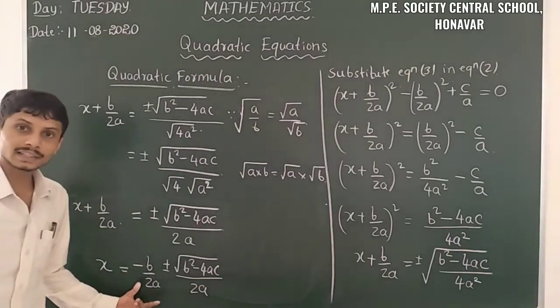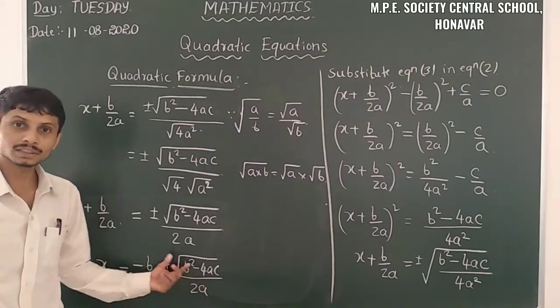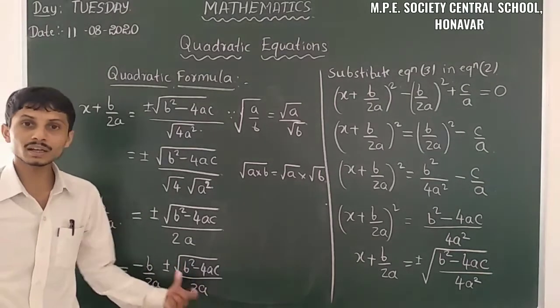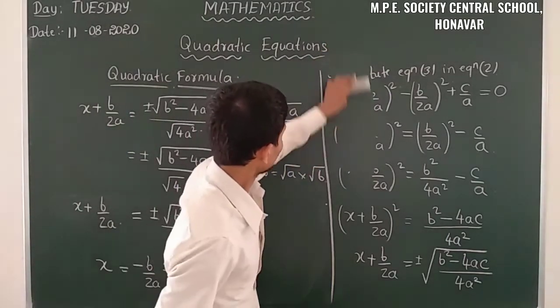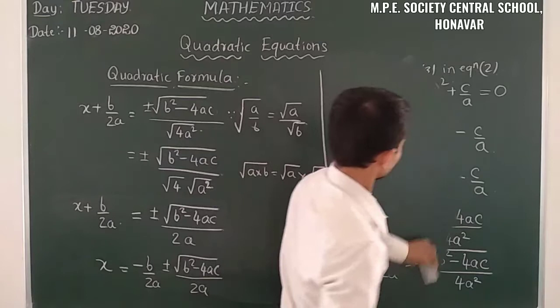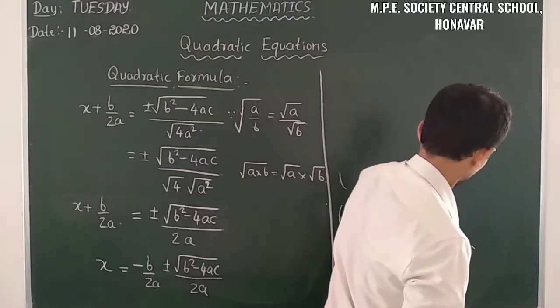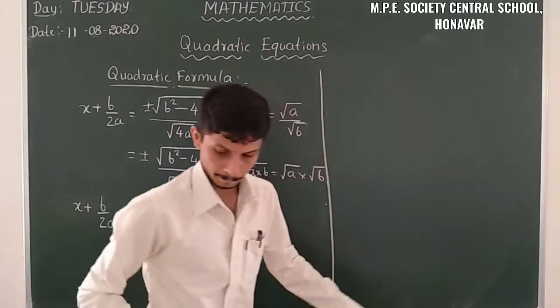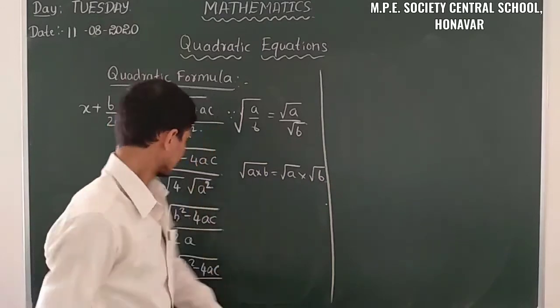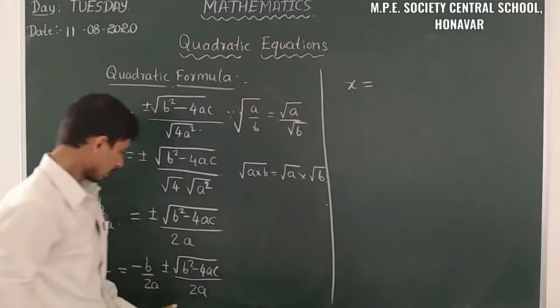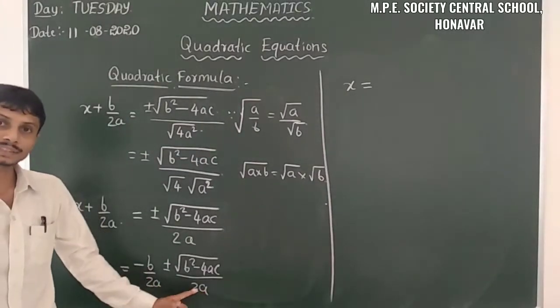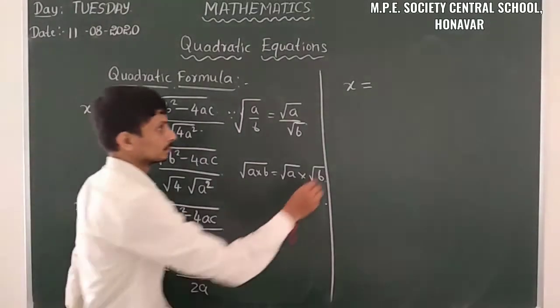Again we have to take the LCM of the denominators here. Both denominators are the same, so what do we have to do here? I will rub this part. Here x is equal to, and I will take the LCM of the denominator as 2a.